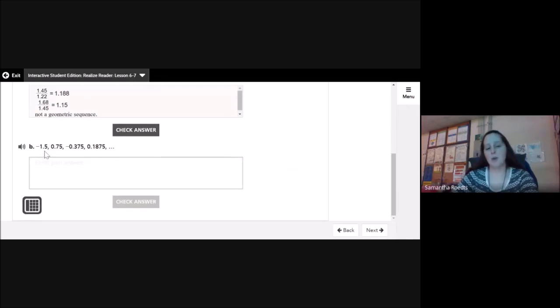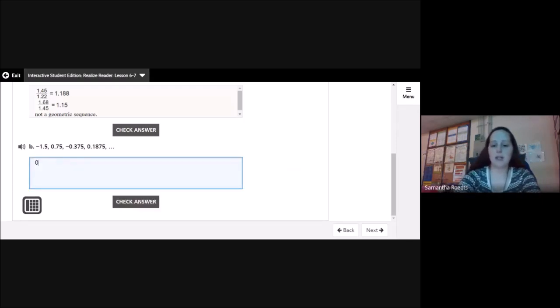For B, I have negative 1.5, 0.75, negative 0.375, 0.1875. Okay, so I know that I'm going from a negative to a positive, from a positive to a negative, negative to positive. So I'm going to be multiplying by a negative number because a negative times a negative gives me a positive, positive times a negative gives me a negative. So I know if this is a geometric sequence, I'm multiplying by a negative number.